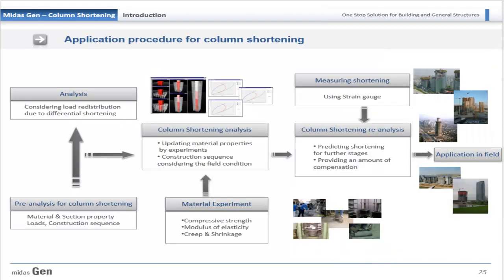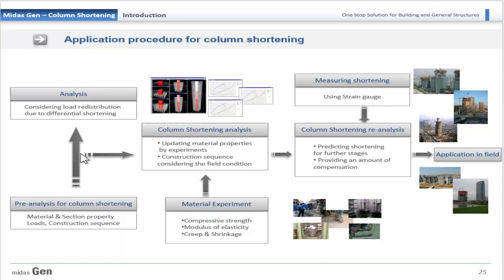In practice, the procedure for column shortening is, firstly, an initial column shortening analysis with code-based material and section properties, loads, and construction sequence is performed. The analysis results of load redistribution are observed.